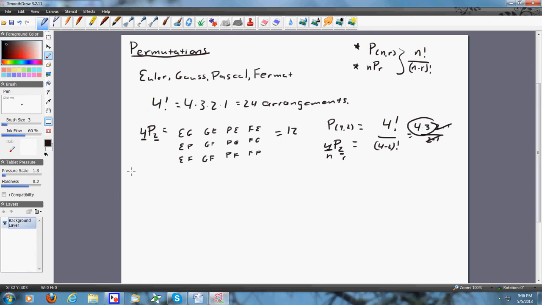I'm going to show you something else that's kind of cool. Let's say you had, this is partitions, and let's say there's 20 workers. And you need to put them into groups. Let's say 6 of them had to make sandwiches.